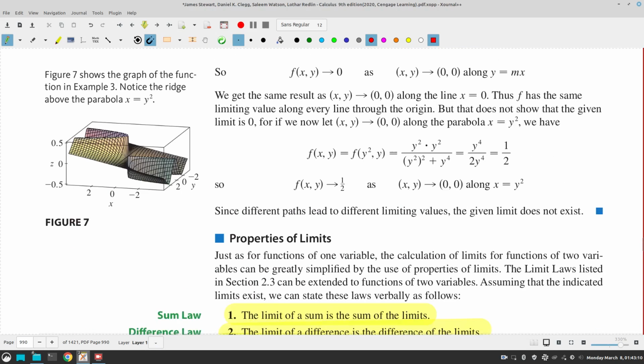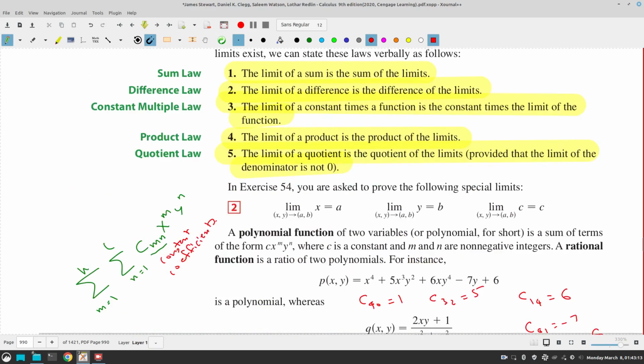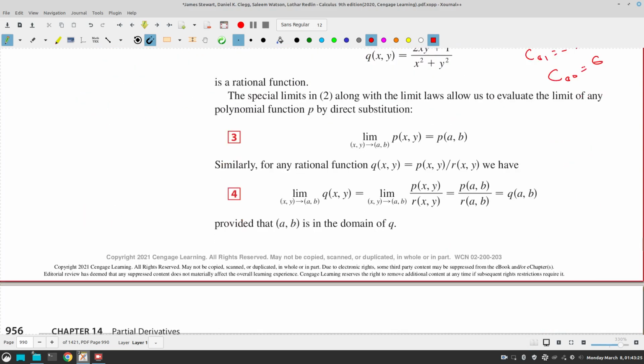So you have these limit laws and these special limits, and I mean, this is one way of saying that polynomials are continuous. You can evaluate the limit of a polynomial by direct substitution.